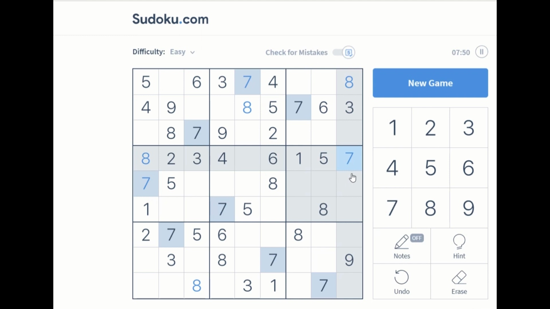Now apart from just identifying individual digits, the other way we can apply logic is to check for individual horizontal or vertical lines where there are very few empty squares available. This particular horizontal line has got only one empty square, so that means only one digit is missing, which we can place with a guarantee, isn't it?